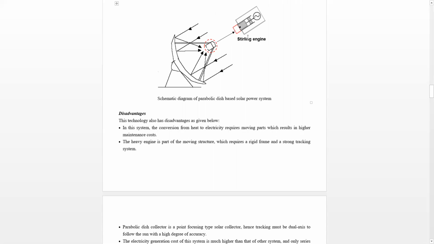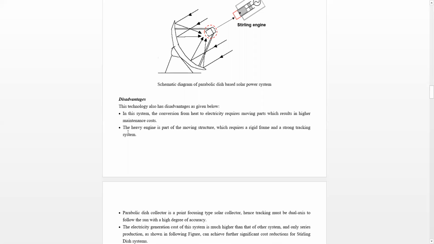You see, here in this Stirling engine, the piston is reciprocating inside the cylinder, so there are moving parts, where moving parts mean there is sliding motion. Whereas in the case of the parabolic trough collector, the energy is supplied to steam turbines to produce electricity, and the steam turbines are rotary machines. So in the case of a reciprocating machine, the maintenance cost is relatively higher.